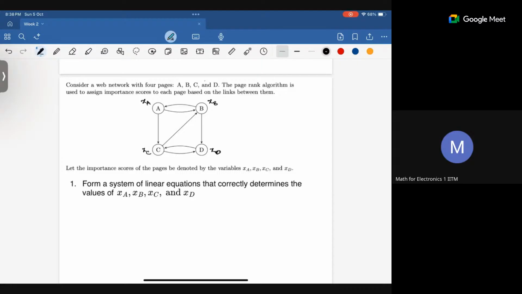So this direction represents that C has some importance of B in this page.